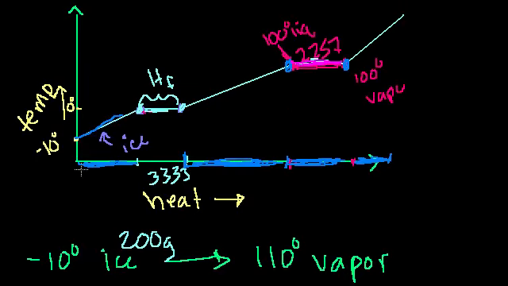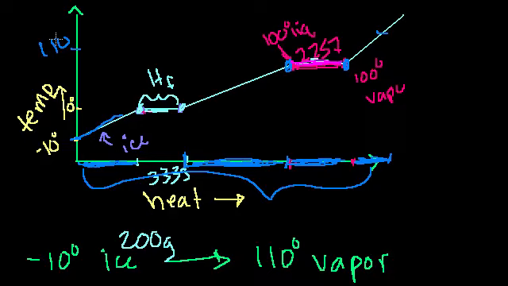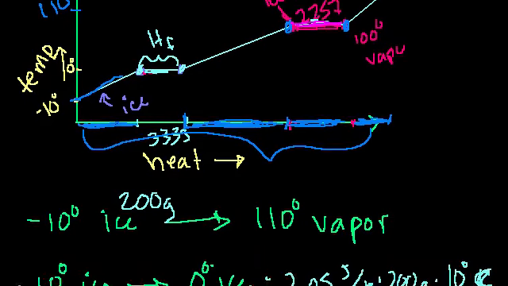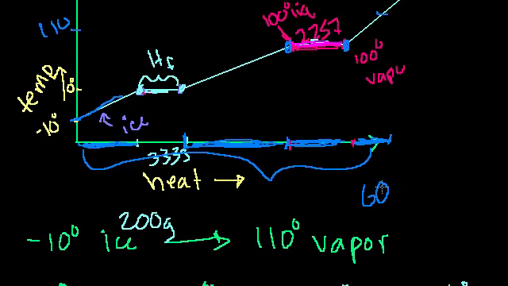So this whole thing, when we're dealing with 200 grams, going from minus 10 to 110, and remember, this is for 200 grams, it took us 609,950 joules, or 609 kilojoules, to do this.